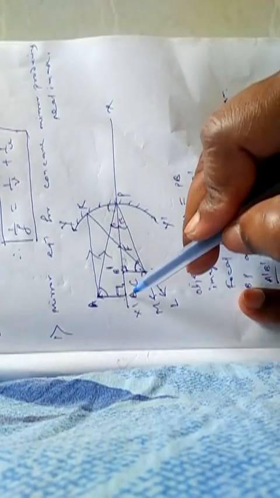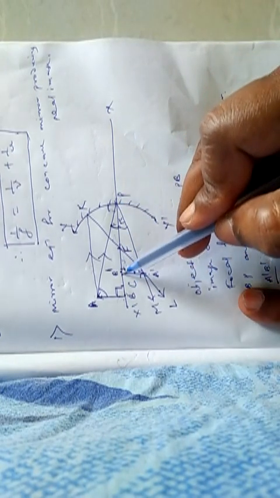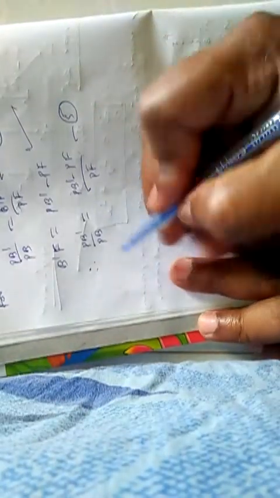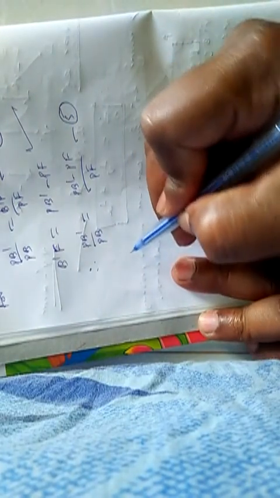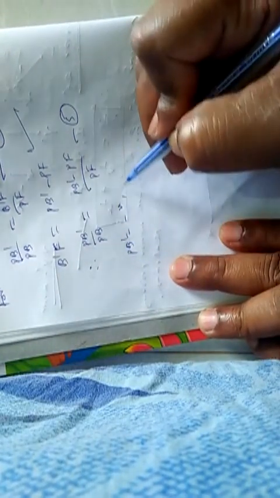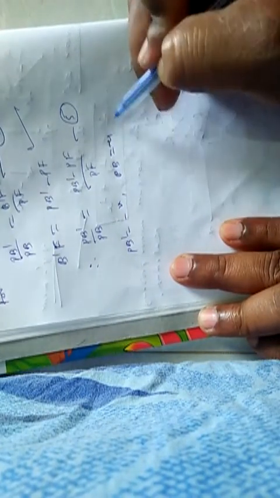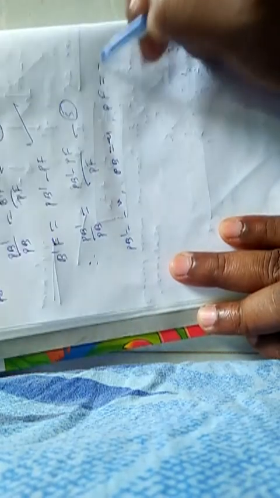Now we will apply the sign convention. Here PB is on the left side, so minus u, PB dash is minus v, and PF is minus f. Applying the sign convention, we can write PB dash is equal to minus v, PB is equal to minus u, and PF is equal to minus f.